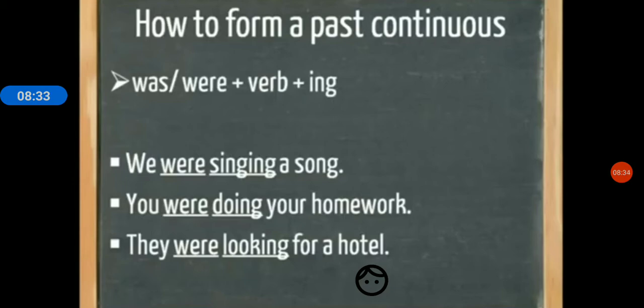There is not much difference between present continuous and past continuous. The only difference is you have to use different helping verbs. In present continuous we use is, am, are, and in past continuous tense we use was, were helping verbs with verb first form plus ing.